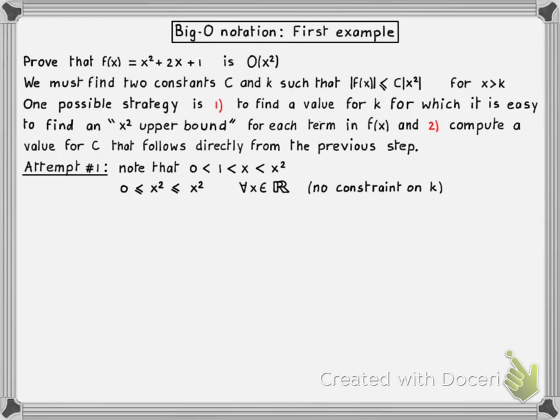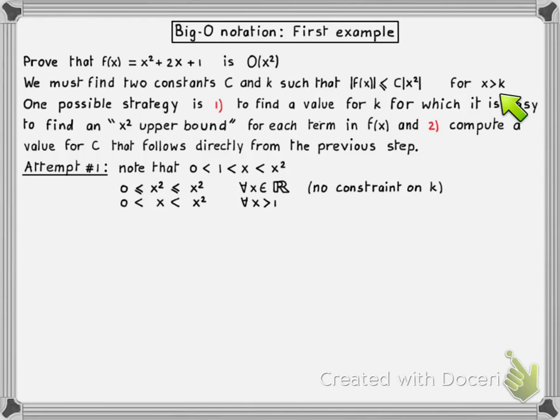So let's turn our attention back to 2x. Let's write down what we already know. x is strictly greater than 0, and x is strictly less than x squared, assuming, remember, that x is large enough, x is greater than 1. So that's the condition here. So what did we learn in this step about the value of k?